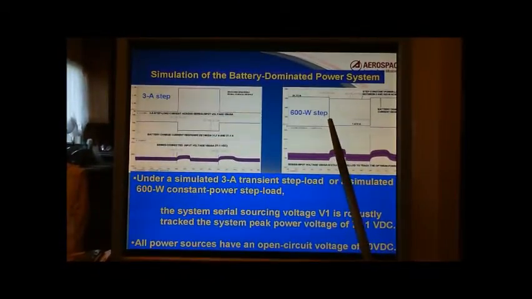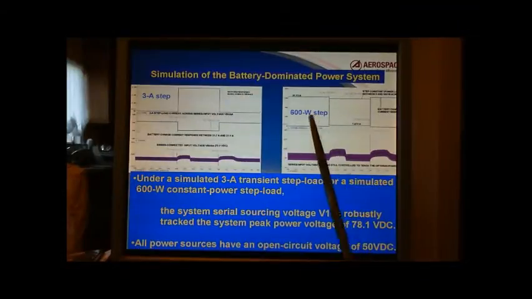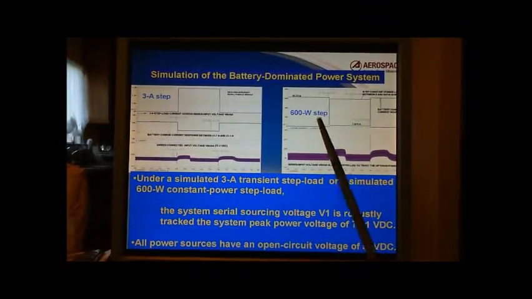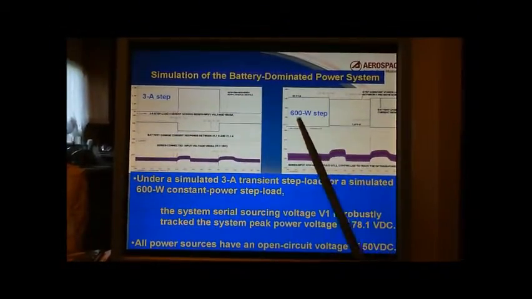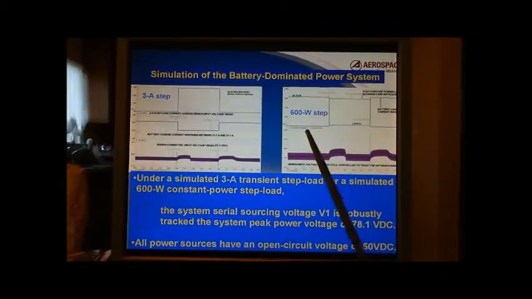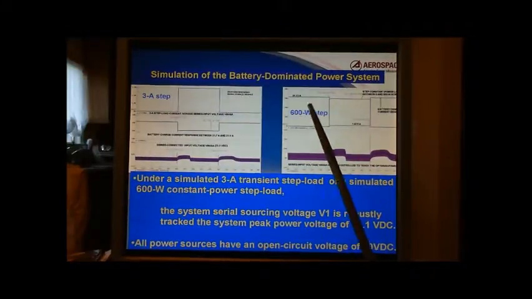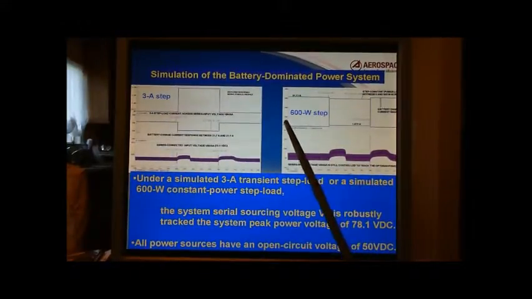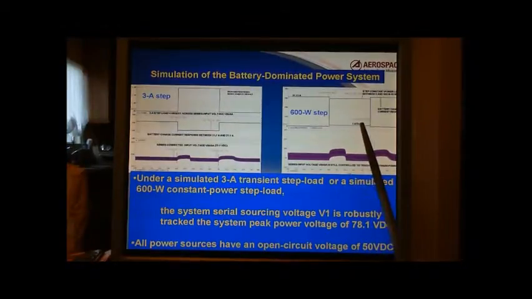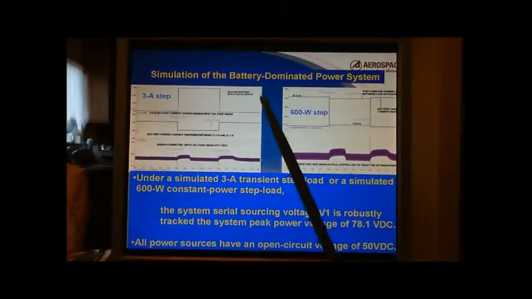Another step load simulation, performed in a different section of the circuit simulation, is the 600 watt step load across the battery bus. This particular 600 watt step load causes the battery to source current between 1.47 amp and 31.72 amp.